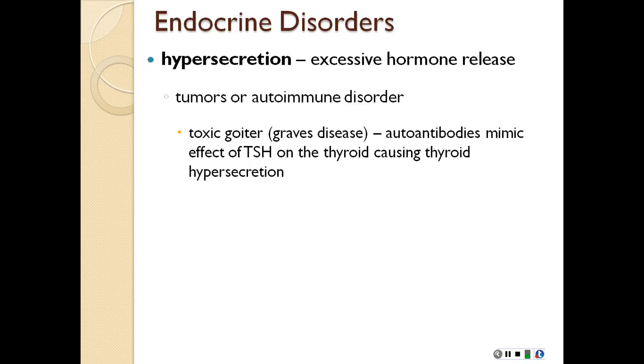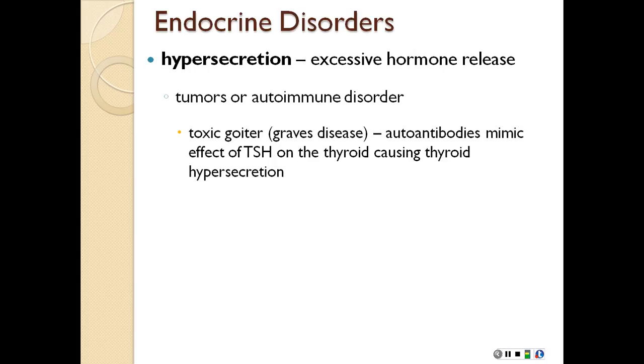And hypersecretion is where you have excessive hormone release, and tumors or autoimmune disorders are going to cause excessive hormone release. An example of that is toxic goiter, or you've heard of Graves' disease. So in Graves' disease, the body starts making antibodies that attack your own body.